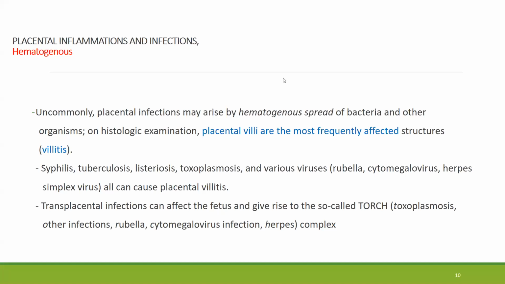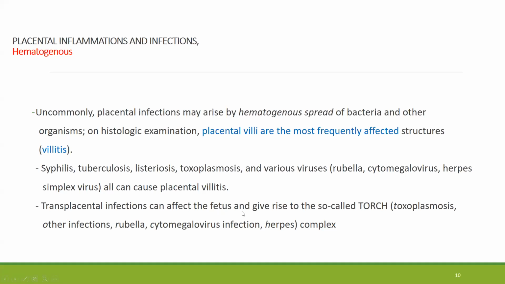Many infectious etiologies can infect the placenta. We can see syphilis, TB, listeria, toxoplasma, and many viruses: rubella, cytomegalovirus, herpes simplex, and others. All of these can spread hematogenously. The transplacental infection can go, of course, into the fetus.